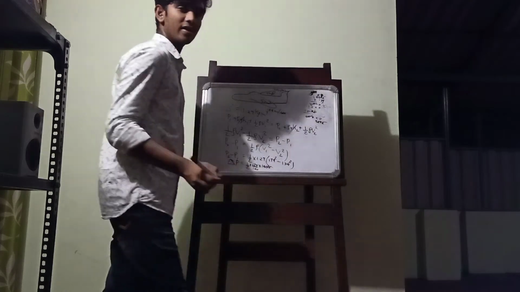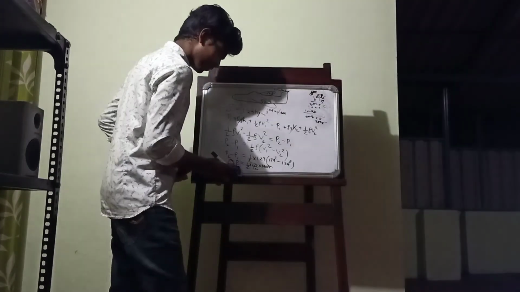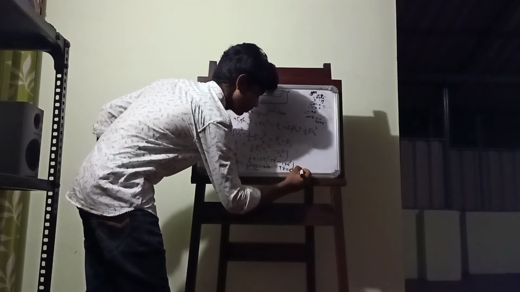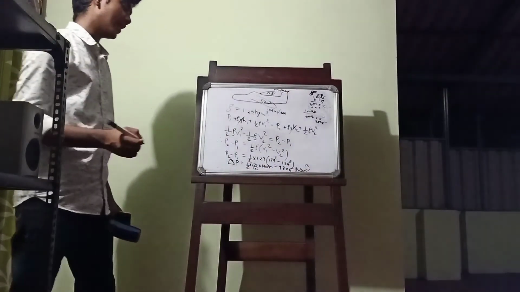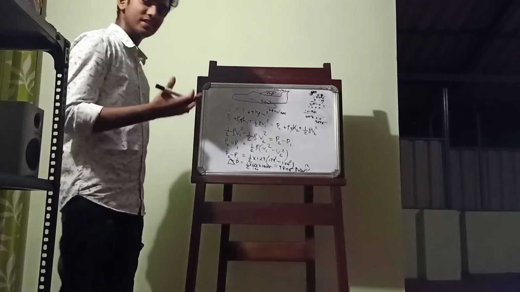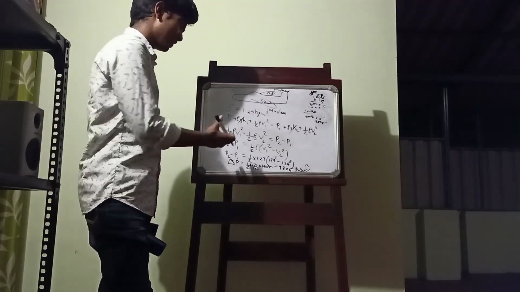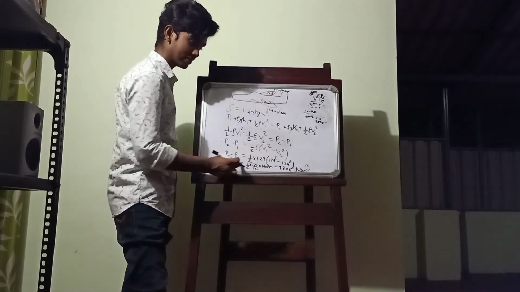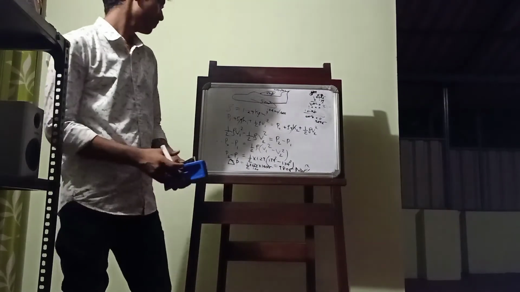Okay, I got it. It's 9805 Newton per meter squared, and that's the answer. So this is so simple. Look at it. The only thing is you will have a slightly difficult problem of multiplying.